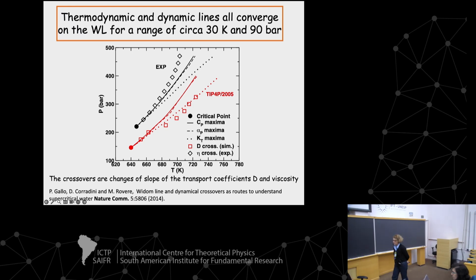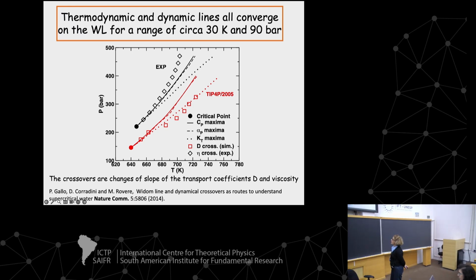We started yesterday with the Widom line, and you have seen here in supercritical water how this concept works beautifully, also for experiment, where the lines of isothermal compressibility maxima, coefficient of thermal expansion, and specific heat converge close to the critical point measured experimentally.